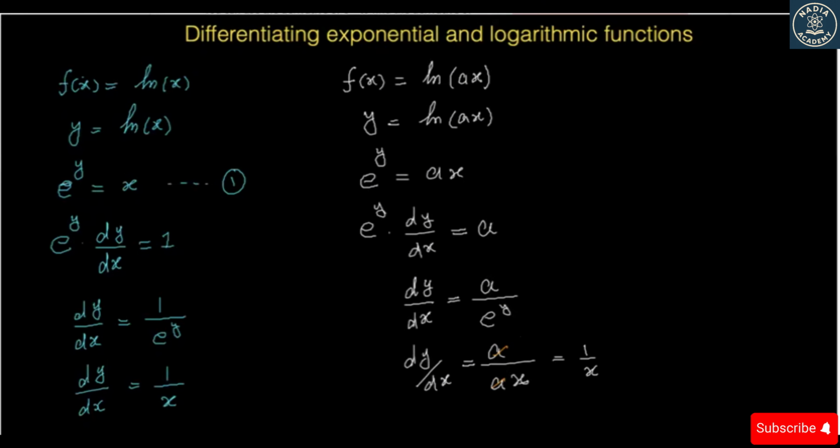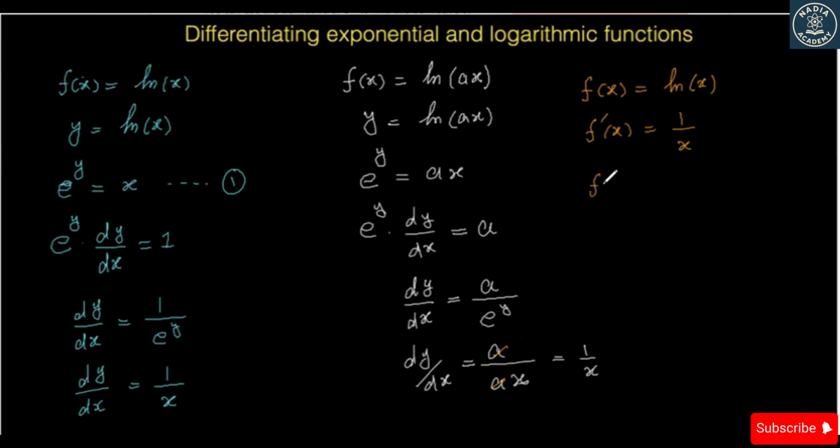So the learning point is the following: in case of logarithmic functions, if we have a function f of x is equal to the natural log of x, then its derivative is equal to 1 over x.